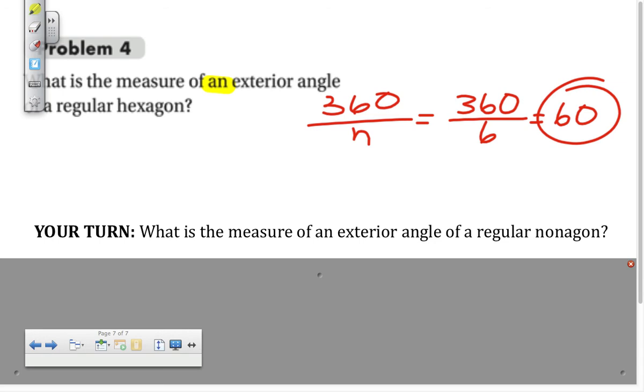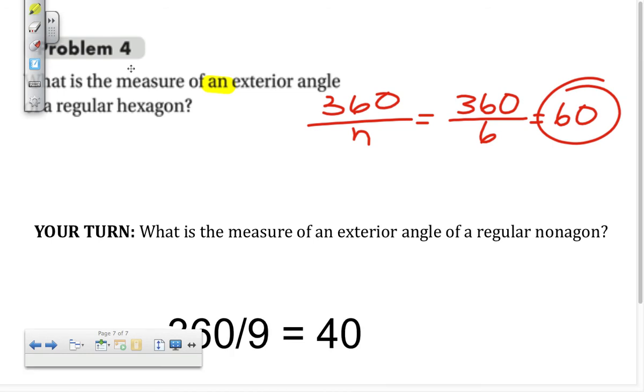So finally, take a moment to work through the your turn for that problem while I am activating the Socrative quiz. And again, based on what I'm hearing, you're ready to check your answers against mine.